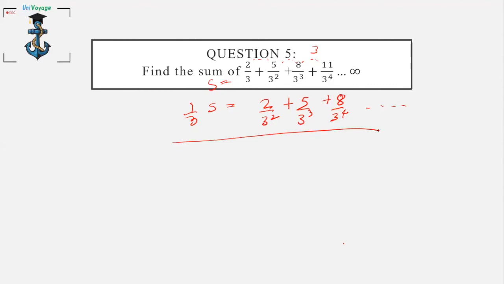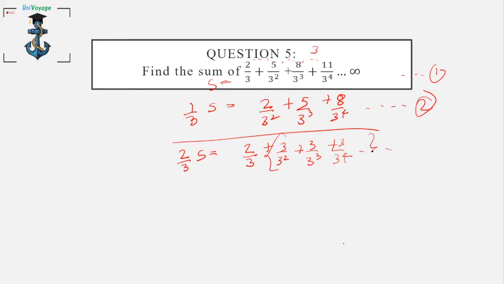Now we'll just subtract the second equation from the first equation. What we get is 2 by 3 of S is equal to 2 by 3 plus, here if you subtract 5 minus 2 by 3, that will be 3 by 3 square plus 3 by 3 cube plus 11 minus 8, which is 3 by 3 raised to 4 and so on, right?